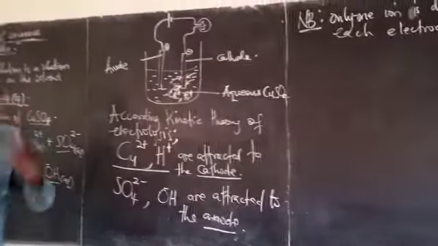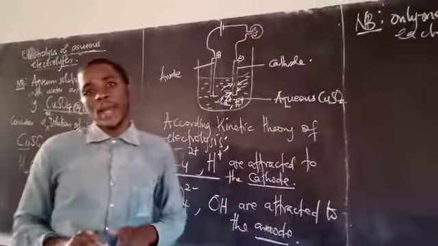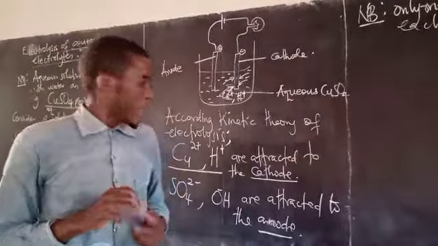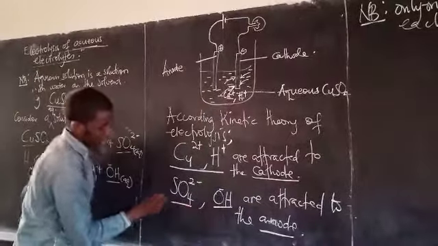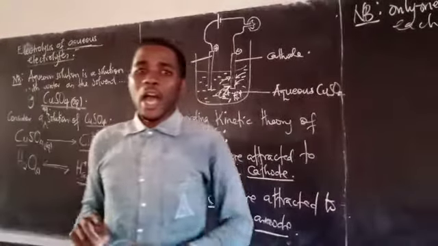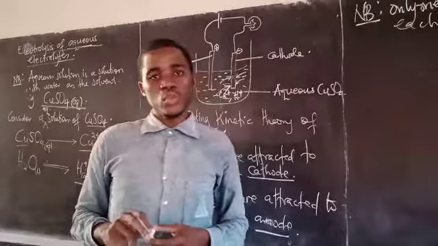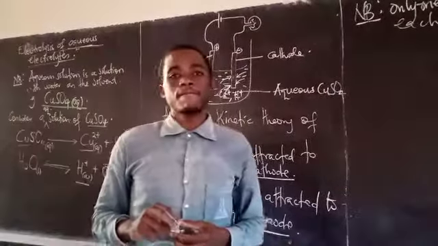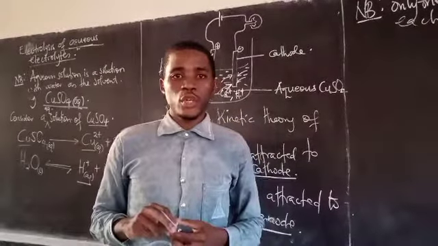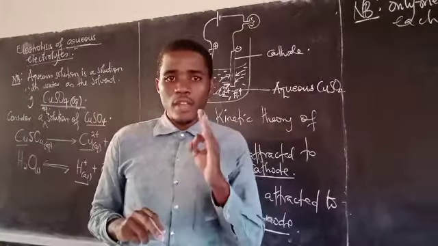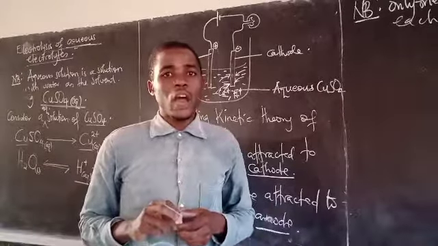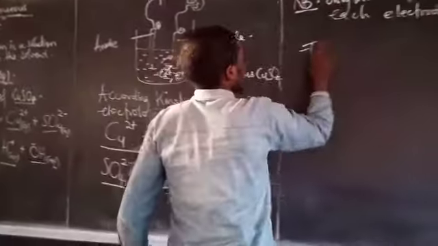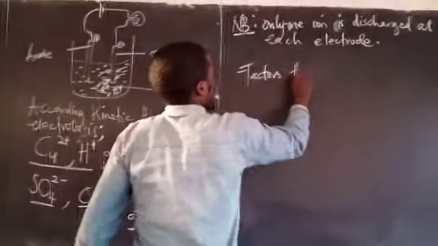But of the two, we want only one. Which one are we going to choose? Of these two, sulfate and hydroxide, which one are we going to choose? There are three factors that affect our choice.